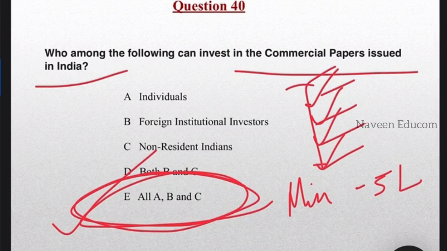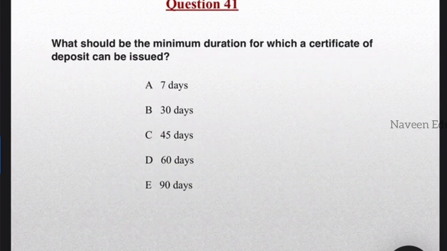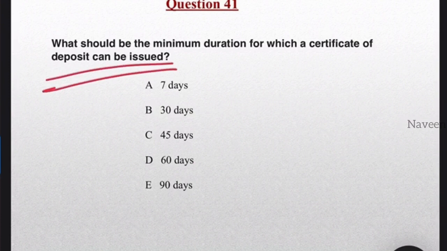So all the options given here are correct. So students, this is a very important question. Kindly note it. So without lagging, let's go to the next question. What should be the minimum duration for which a certificate of deposit can be issued? What is the answer, students?